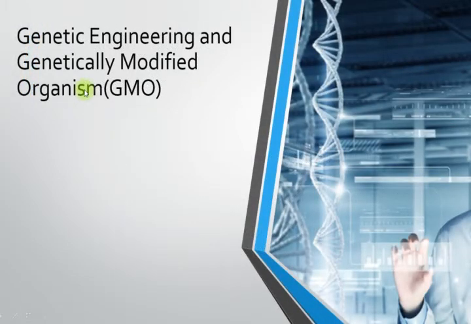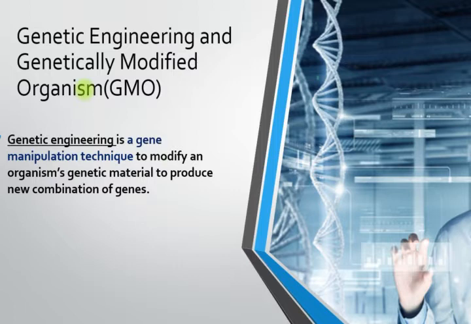Okay, let's take a look at the terms of genetic engineering and genetically modified organism. So what is genetic engineering? It's a gene manipulation technique to modify an organism's genetic material to produce a new combination of genes.